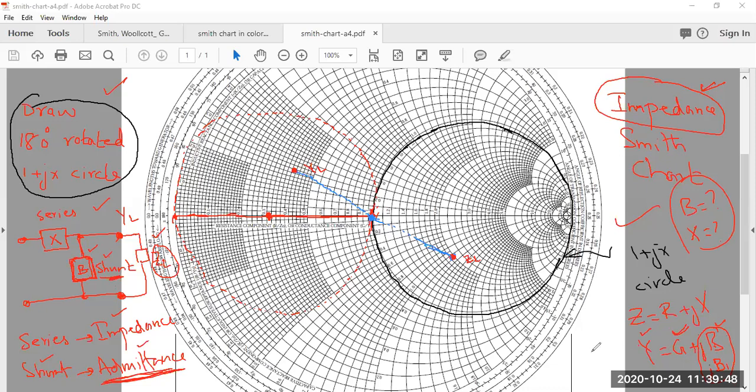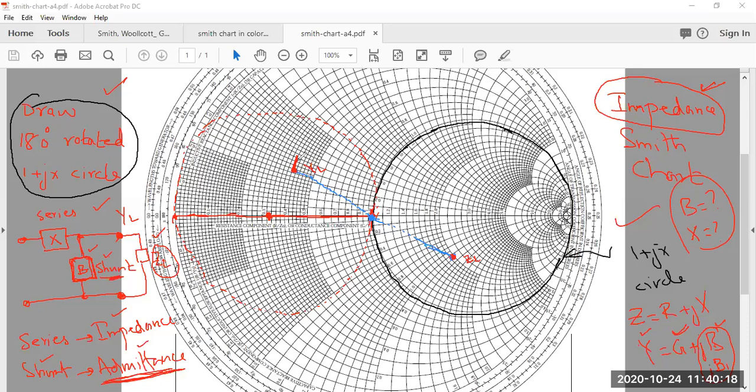From the Smith chart perspective, whenever the real part remains constant but the imaginary part changes, you must be moving on the constant resistive circle. So if this is the point at which we stopped, when you add something to it, it is only going to move on this circle.